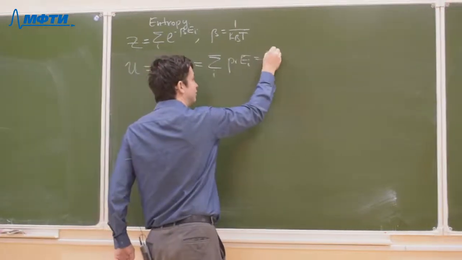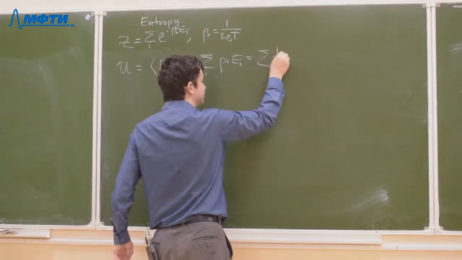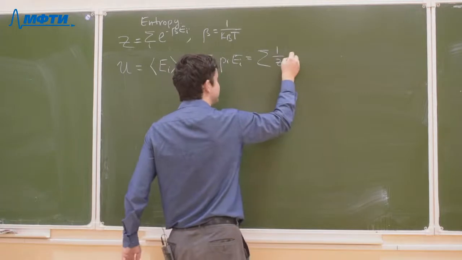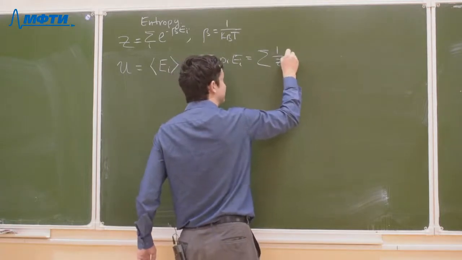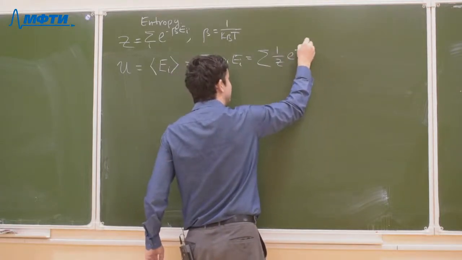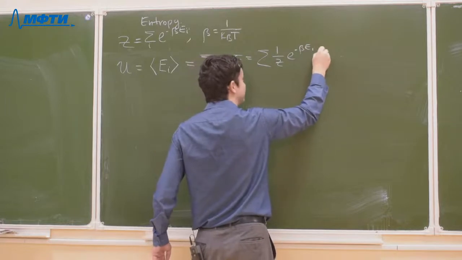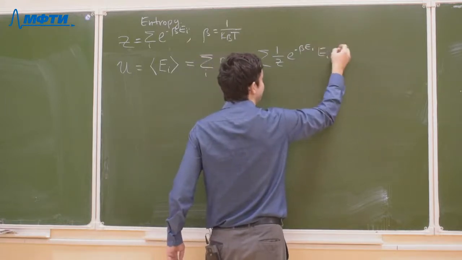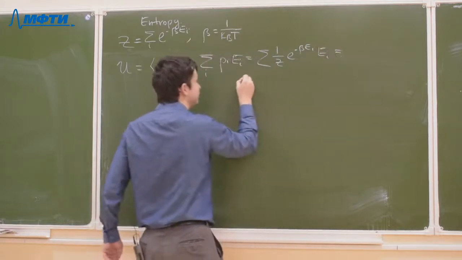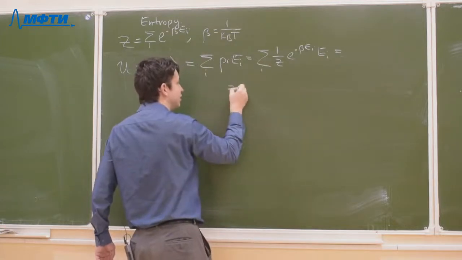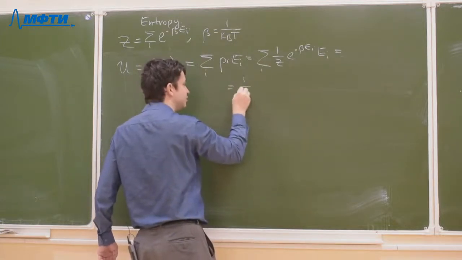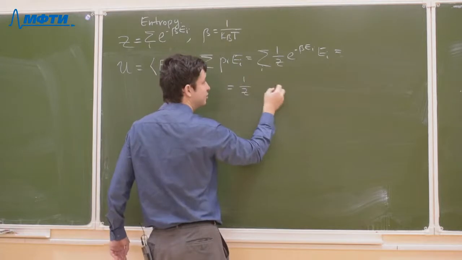And then this can be expanded as 1 over Z multiplied by e to the minus beta Ei multiplied by Ei. And then I said that this sum can be presented as follows.